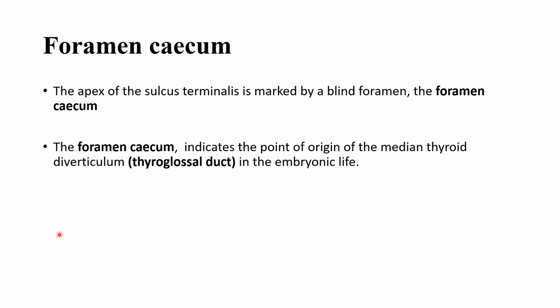The foramen cecum lies at the apex of the V-shaped sulcus terminalis, and this is the point of origin of the median thyroid diverticulum, which is also called the thyroglossal duct in embryonic life. So this foramen cecum plays its role in the embryology of the thyroid gland.